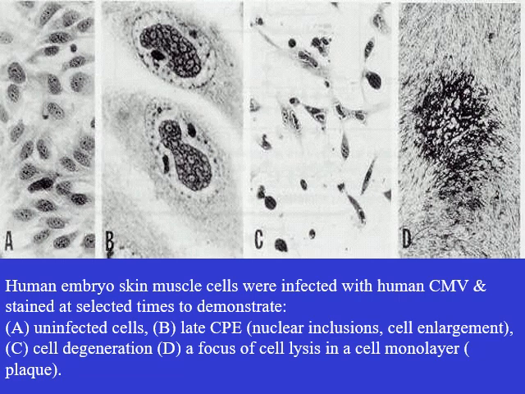So in this slide, we have the cytopathic effect of CMV, beginning with the enlargement of the infected cell with intranuclear inclusions, followed by cellular degeneration, and lastly the appearance of foci of cell lysis on a cell monolayer, what we call the plaque.